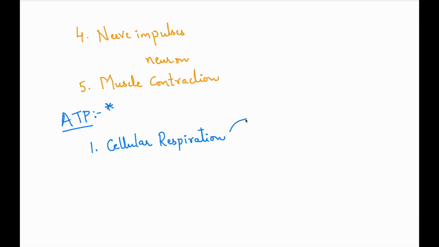Now, cellular respiration can be aerobic or anaerobic. Aerobic cellular respiration requires the presence of molecular oxygen, whereas anaerobic cellular respiration uses sulfur or sulfate as the terminal electron acceptor. Both forms of cellular respiration help to generate ATP.